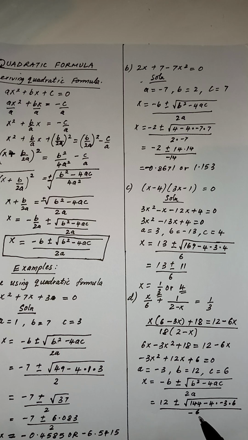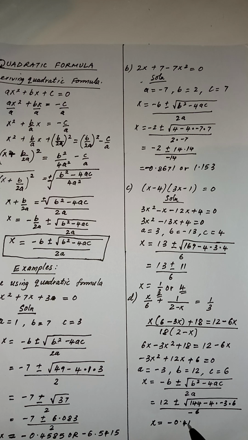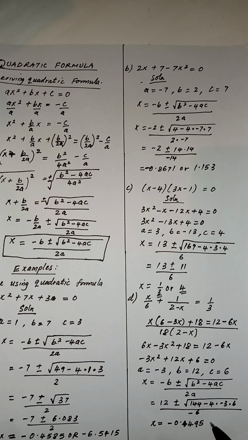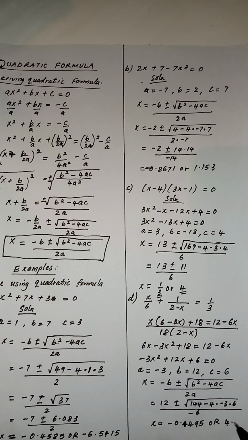So we can simply say that the value of x from here will give us negative 0.4495. That is the first value of x, or the value of x also can give us 4.449.